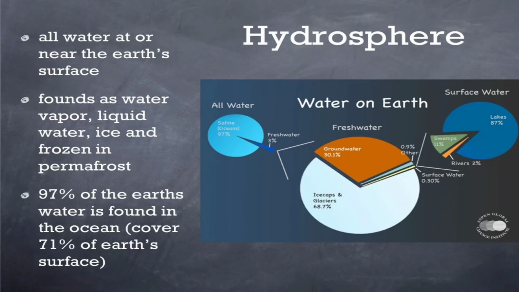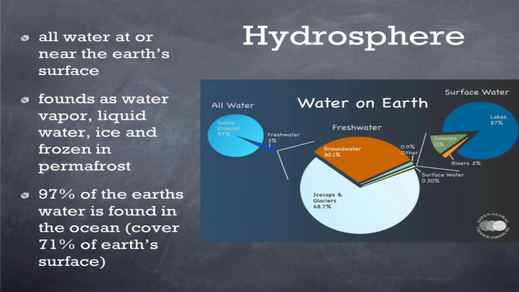Hydrosphere, as a concept, is all water on or near the earth's surface. All of you know that 71% of the earth's surface is water, and 29% is terrestrial land.